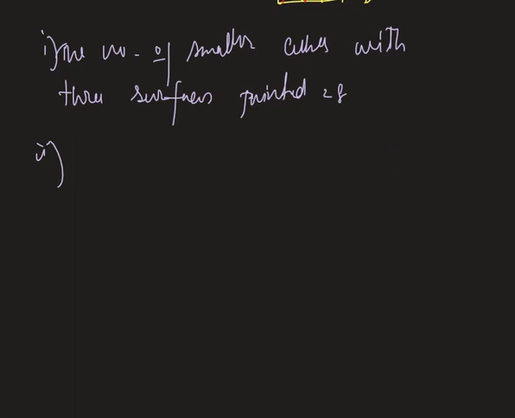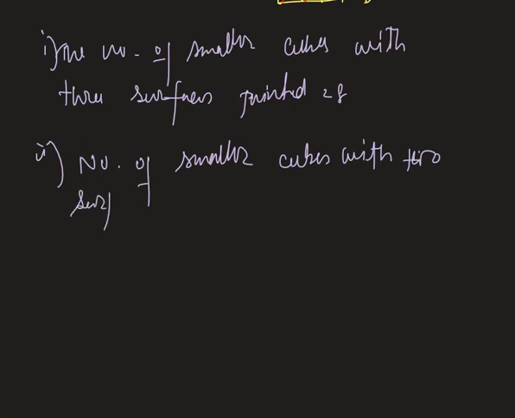Now the second question is the number of smaller cubes with two surfaces painted, which is basically the number of cubes with two surfaces painted with black and blue colors.